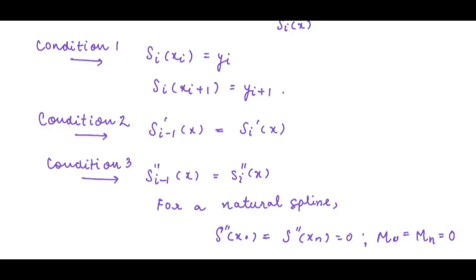For a standard cubic spline, we impose the continuity of s' and s'' at the interior nodes. For a natural cubic spline, the boundary conditions at the boundary points are s''(x0) and s''(xn) equal to 0.